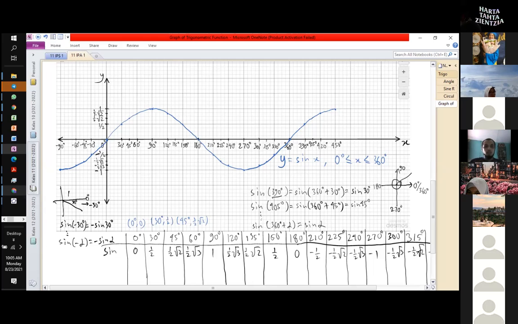In the case of sine, the period is 360 degrees, which means every 360 degrees, the graph will always be the same.